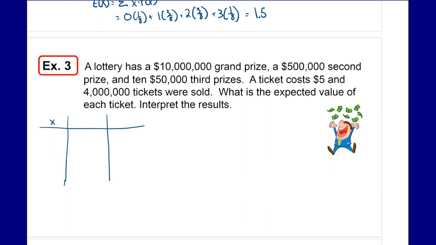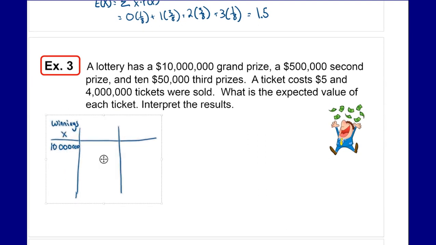So the different outcomes are X. We're going to look at the different number of winnings. So I could have the grand prize, the $10 million.